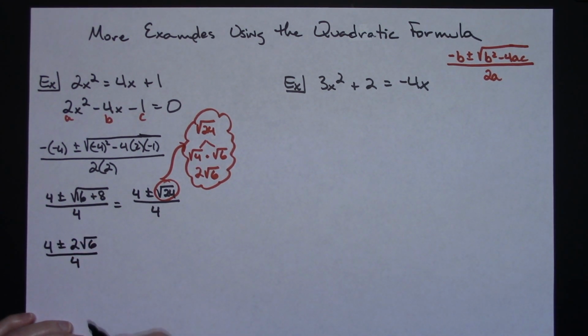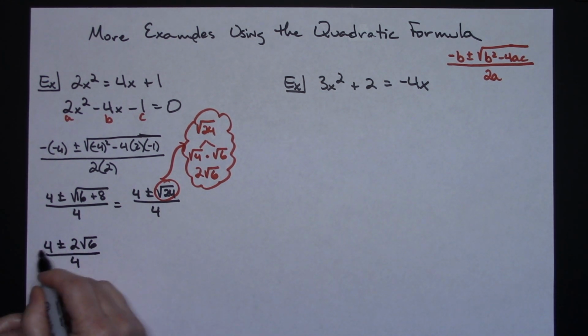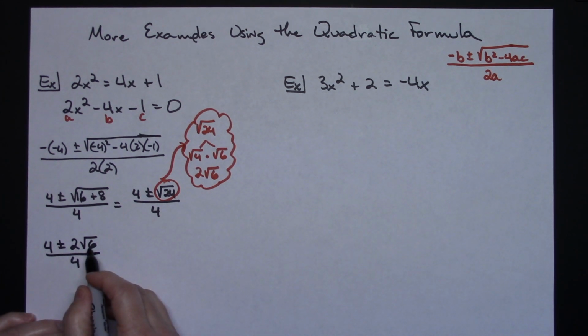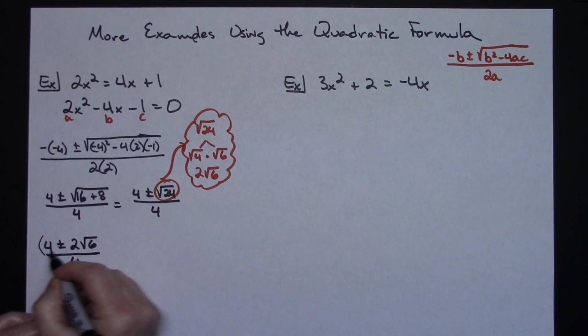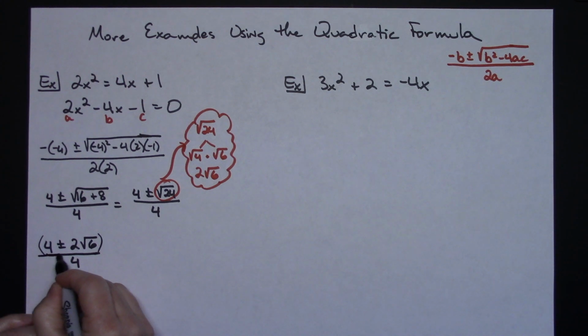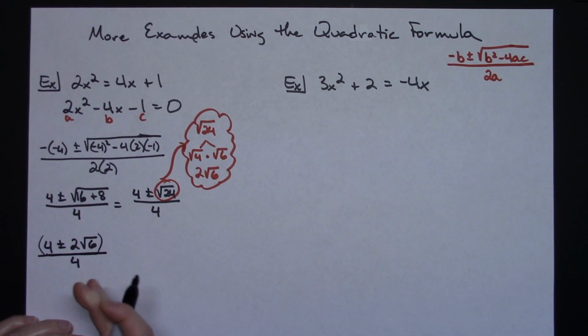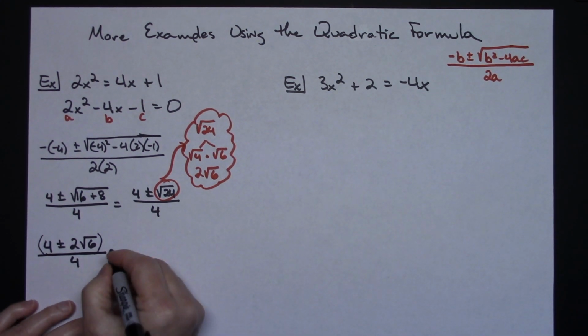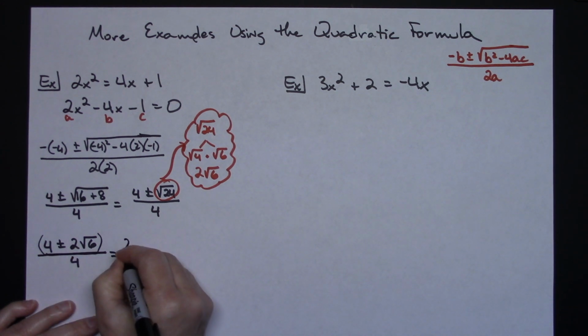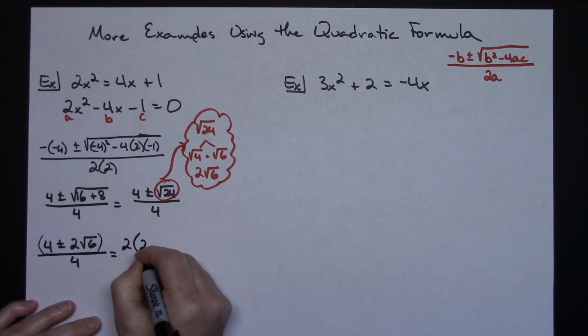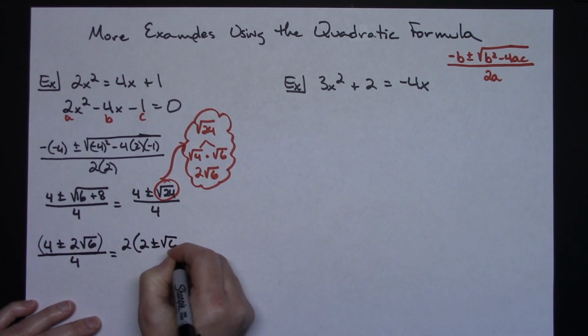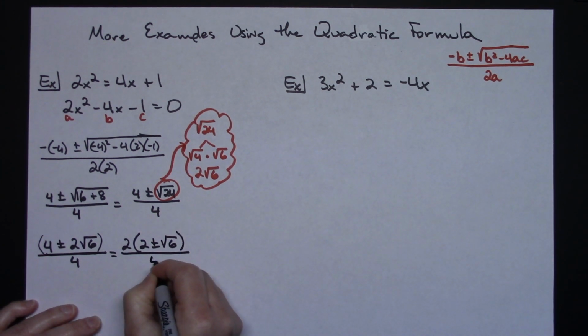I have a lot of people then that just want to start crossing things off and reducing. Technically, you should not do that at that point. This on the top here is a binomial. So if you want to be able to cross something out with this 4, you need to factor out a greatest common factor. Factoring out a greatest common factor of 2 is going to leave me with 2 times 2 plus or minus the square root of 6, all over the 4.